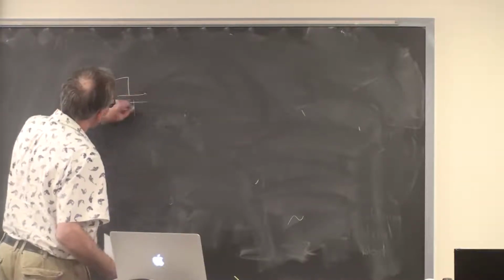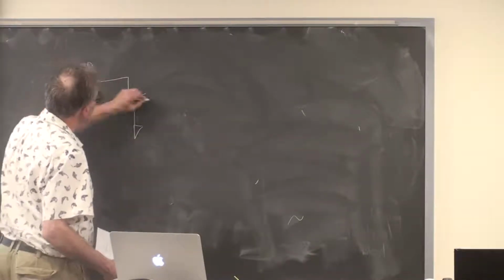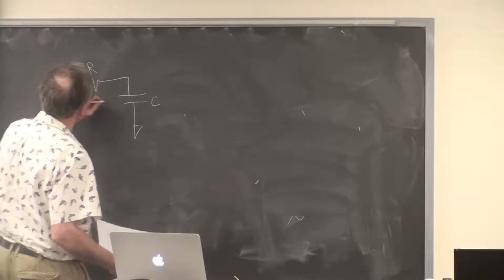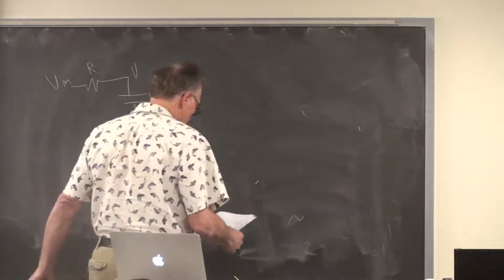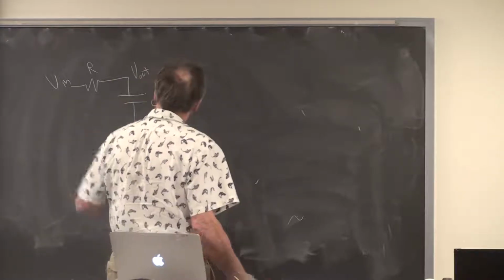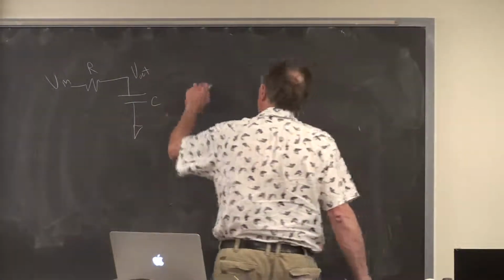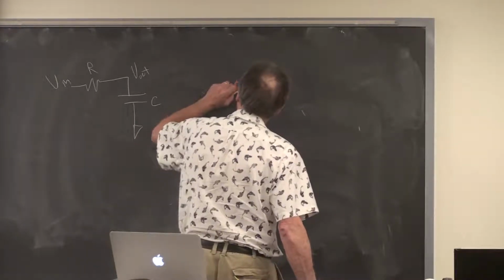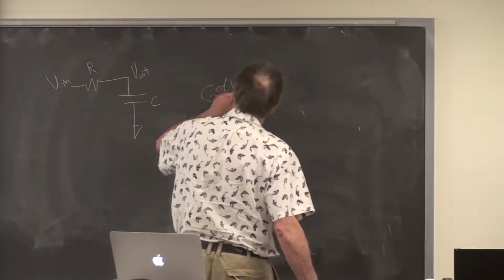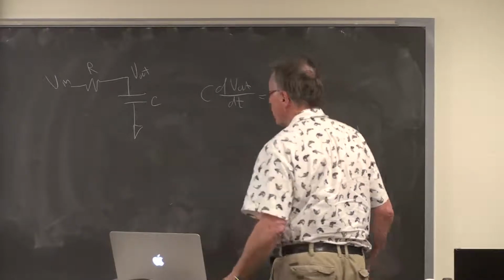Let's start with the analog version of this, where we have V in and V out, I guess. And as we all know, C dV out/dt is equal to the current through the capacitor.